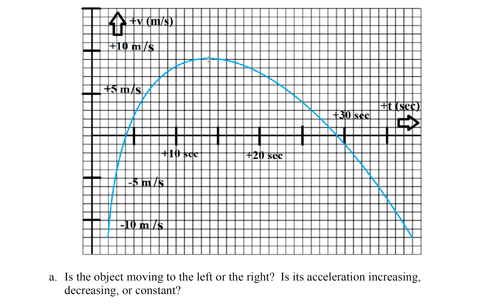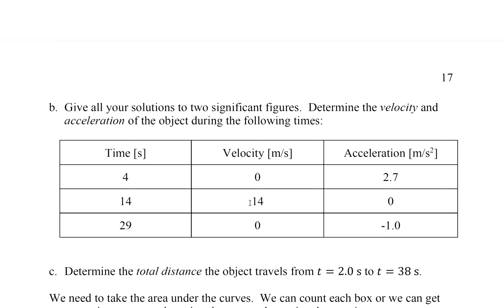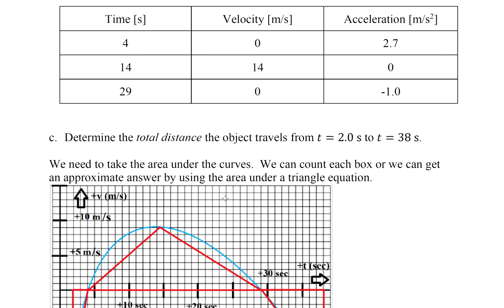There's a mistake. At 14 seconds, the velocity should be 9. So this should be the number 9. And the acceleration, remember, we need to take 2 points. And we draw a line and we take the slope. So once again, this should be the number 9.